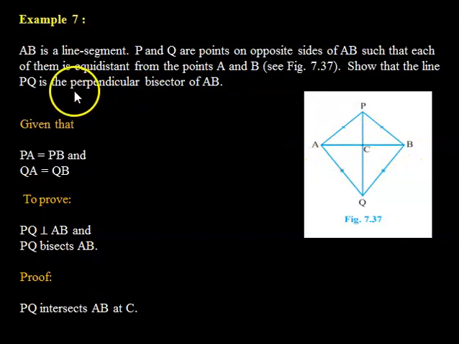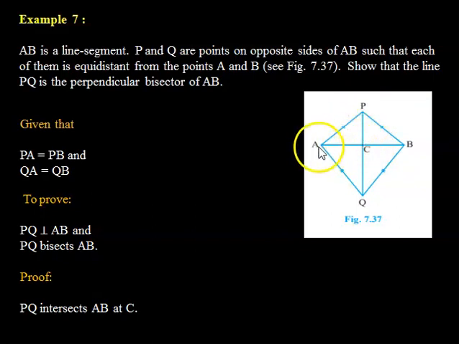Whenever you see the word perpendicular bisector, two things you need to remember. Perpendicular refers to 90 degrees. Bisector refers to dividing into two equal parts. So if PQ is the perpendicular bisector, then we need to show that angle PCB and angle PCA are right angles.